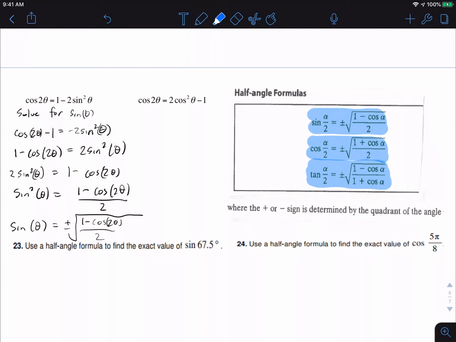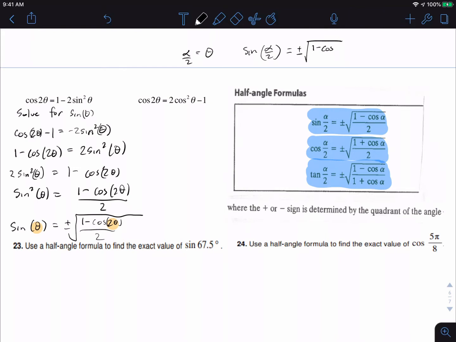Now, the one thing that they're going to do to make it look a little bit different, and I want to show you this, and it's important because it's half angle, right? See this theta and this 2 theta? If I change it to theta over 2, and that's what they're going to do here. I should have written a little bit smaller. I'll do it up above so you guys can see it. If I say alpha over 2 is equal to theta, don't I end up with sine of alpha over 2 is equal to plus or minus the square root of 1 minus cosine.